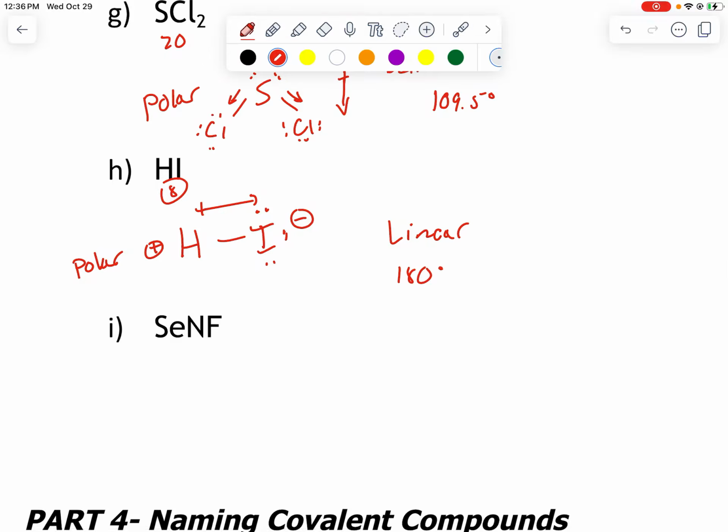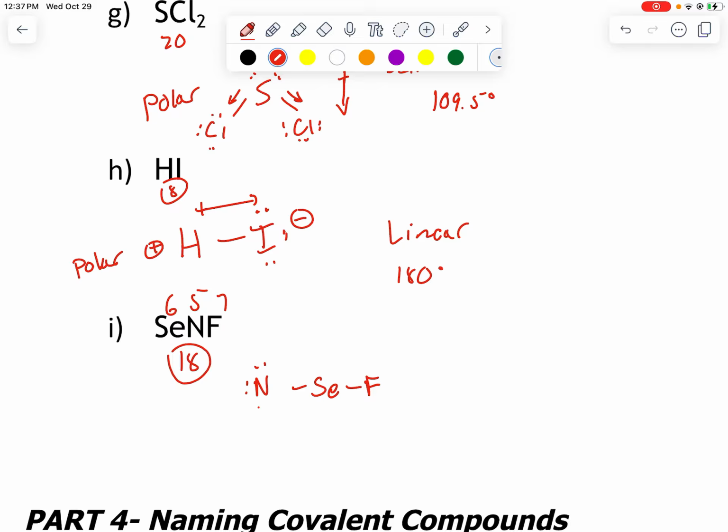All right, selenium, nitrogen, fluorine. Okay, so selenium 6, nitrogen's 5, fluorine 7. So we have 18. Okay, 18. Selenium in the middle, nitrogen, and then fluorine.